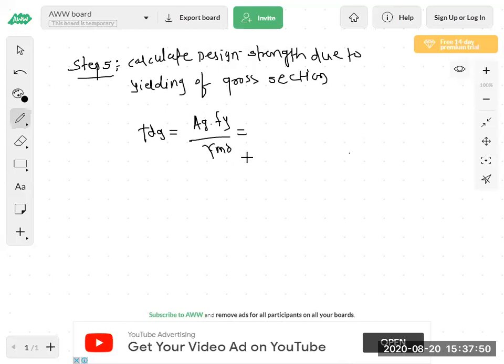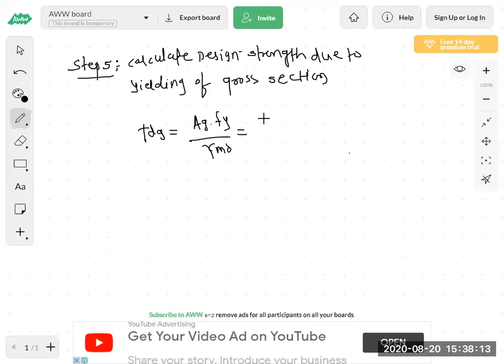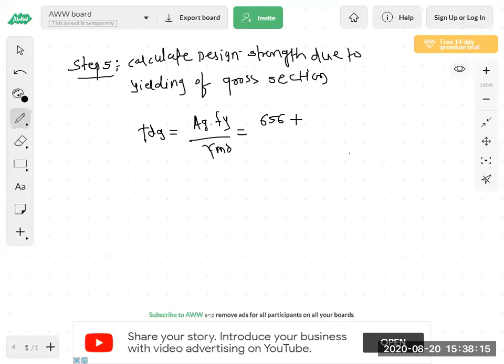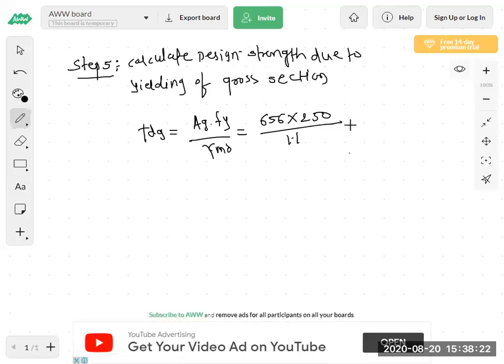Which section have we selected? 70 by 45 by 6, that section. For that, what is the area? Ag is equal to 656 mm², Fy is 250, divided by gamma m0 is 1.1.